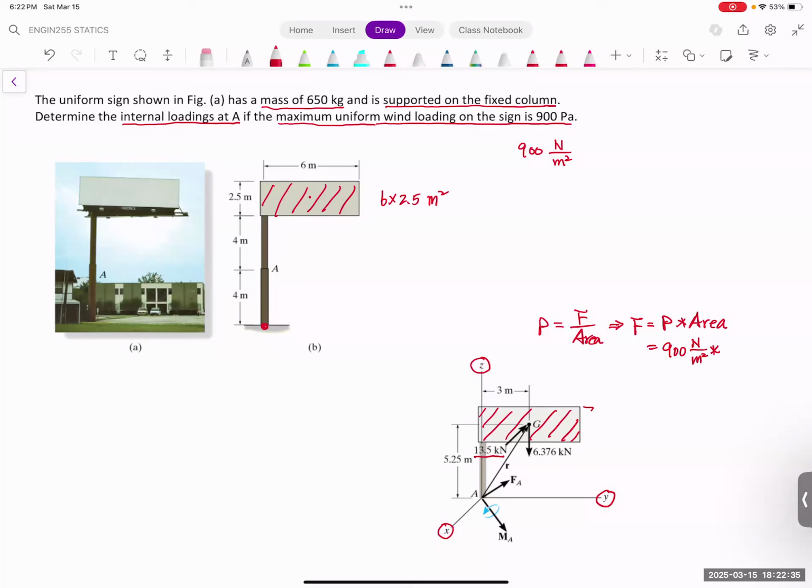So 6 times 2.5 is equal to 15. And we multiply this, and that's equal to 13.5 thousand Newton.